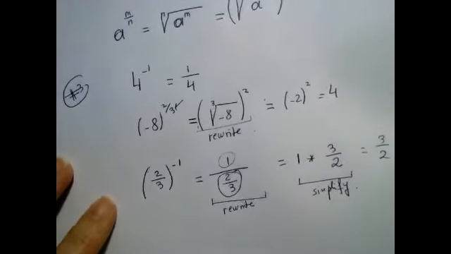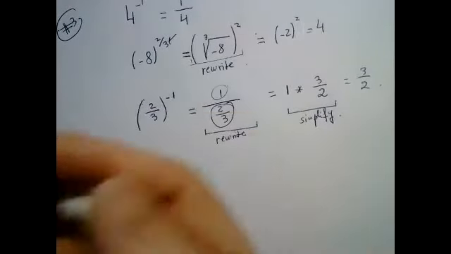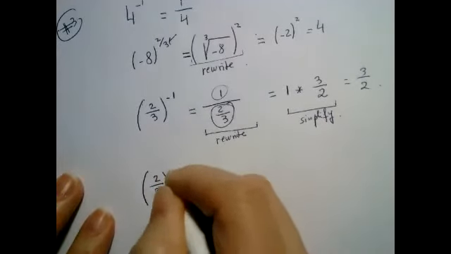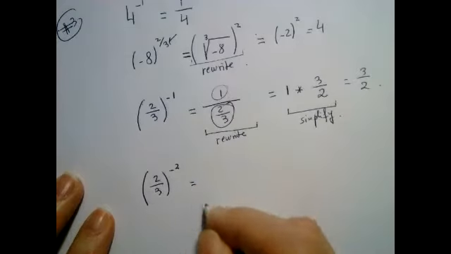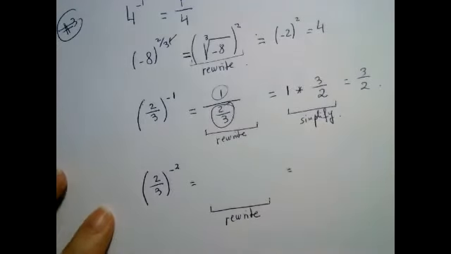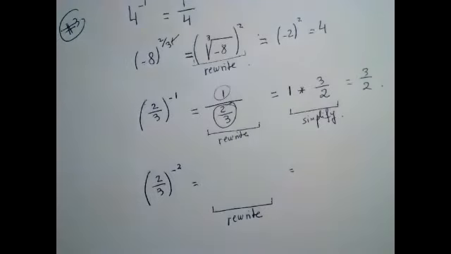Are you with me now? Okay, I'm going to give you another one along those lines, and I want all of you to do it. I'm actually picking a problem from the homework that I gave you: 2/3 to the -2. First, I want the rewrite, and then I want the simplification. I give you all a minute to do it, and then I will pick one of you.